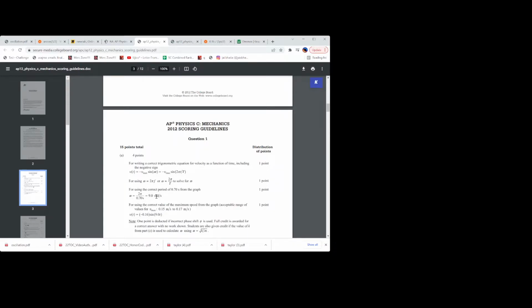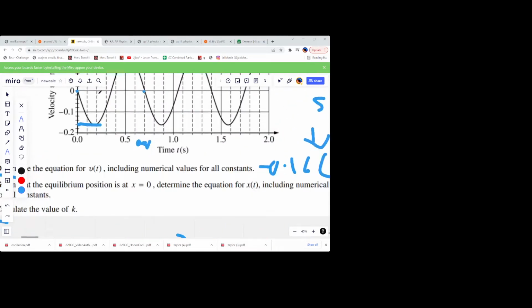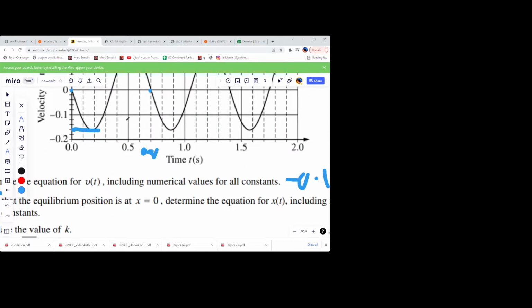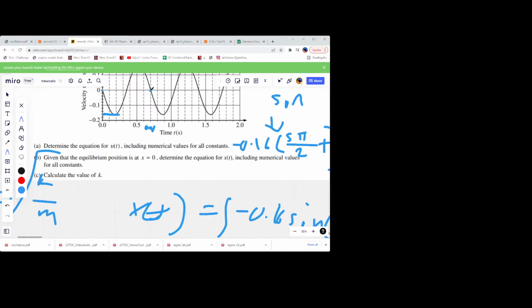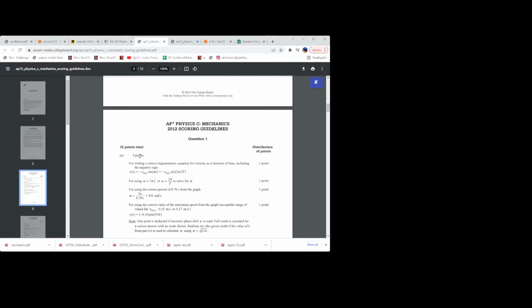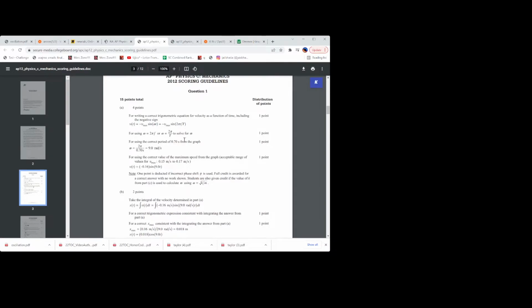Yeah, sure. Is 0.7 on the graph? What? Hold on. Oh yeah, that is 0.7. I can't count. Okay, that's my bad. Whatever. Okay, this is what we did. Yeah, so phase shift is 0. That's what I did.